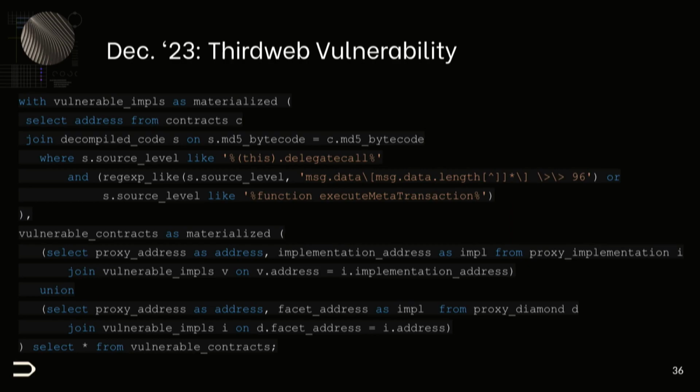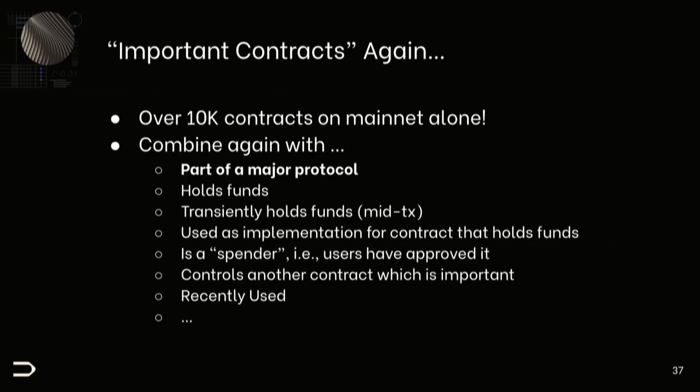So that's what we actually did for the ThirdWeb vulnerability 2 months ago, and we combined this with important contracts, because if you just run this over the 800,000 different code bases that have been deployed on Ethereum alone, you actually get over 10,000 contracts that are potentially vulnerable. So you have to ask, which ones are important? You have to combine it with: is it part of a major protocol?